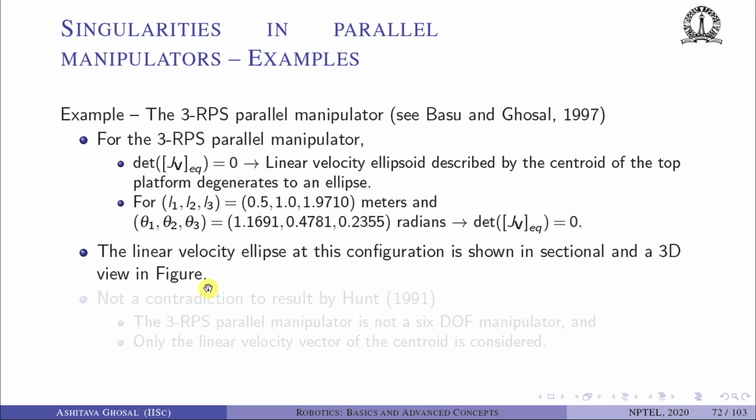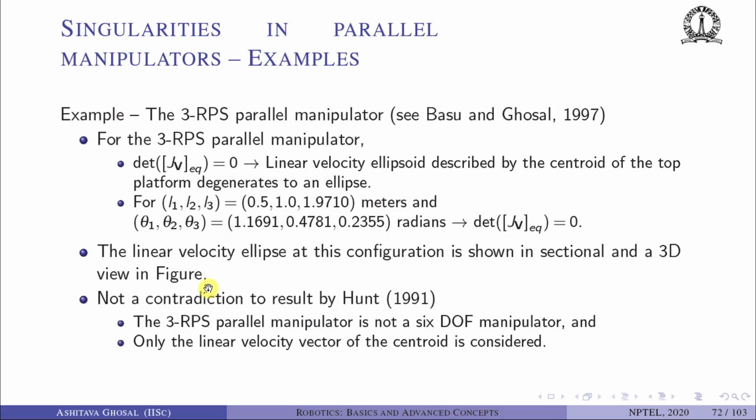Normally we expect an ellipsoid and the sectional views should be ellipses. We will see later that it is no longer an ellipsoid. Okay, so this is not a contradiction according to Hunt.